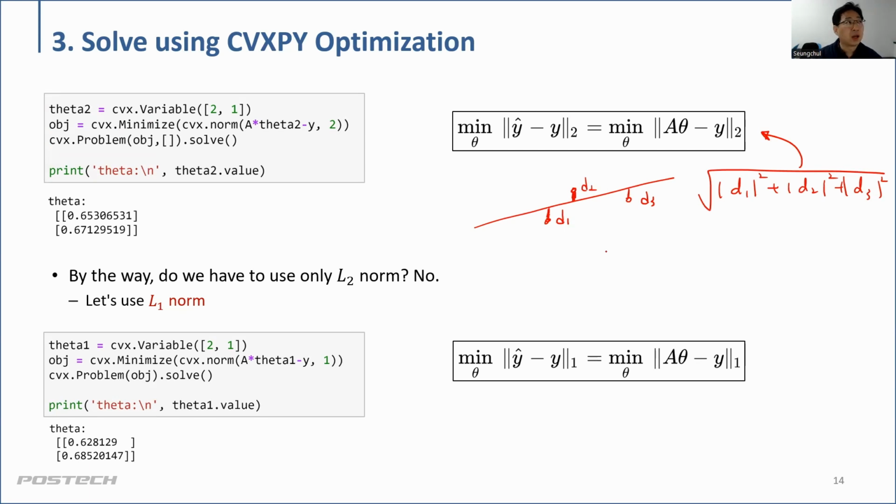But I mentioned many times that we do have multiple definitions of distance.